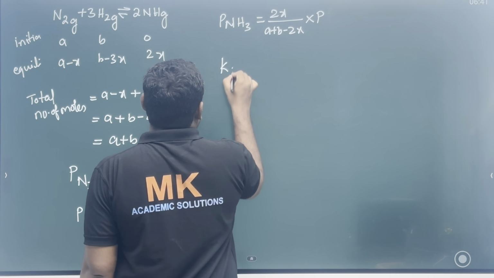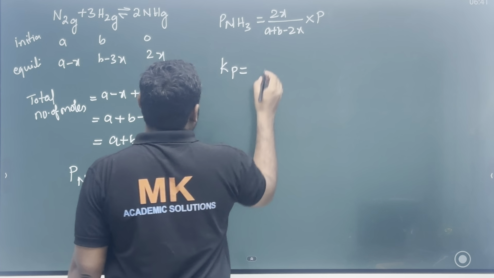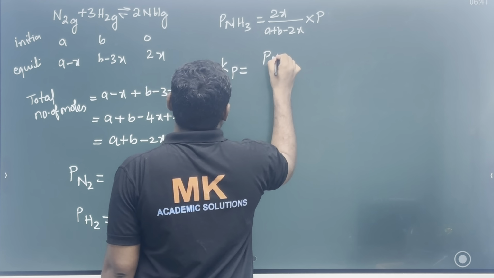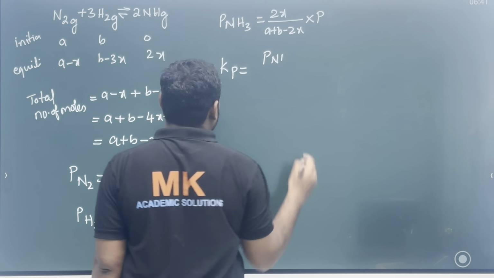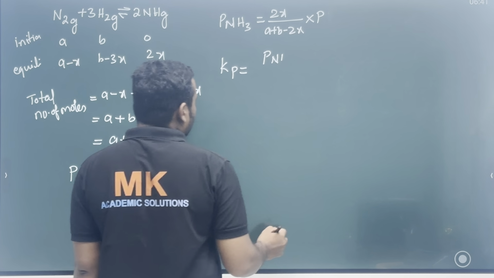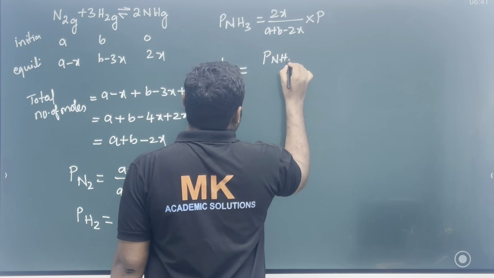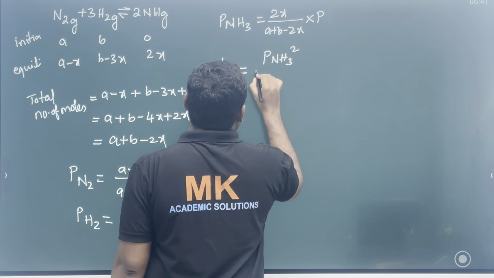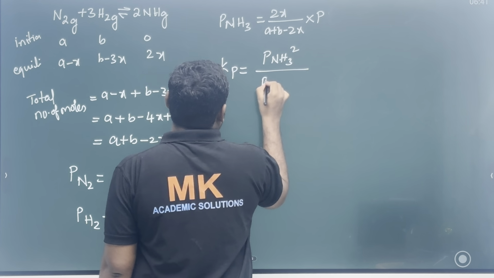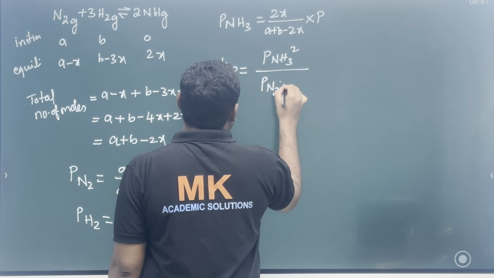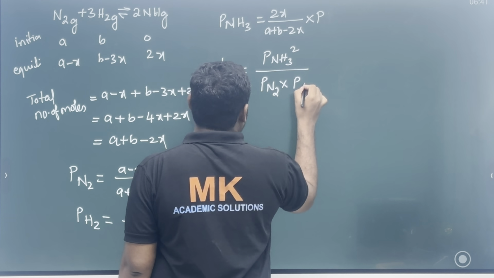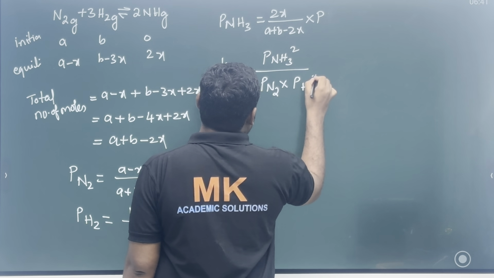Right. Now let us see the Kp expression. What is the Kp expression? Partial pressure of NH3 square by partial pressure of N2 into partial pressure of H2 cube.